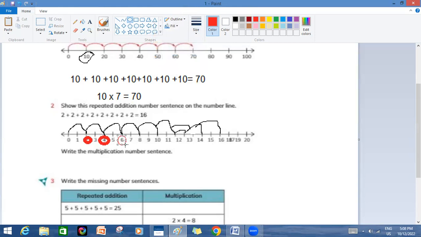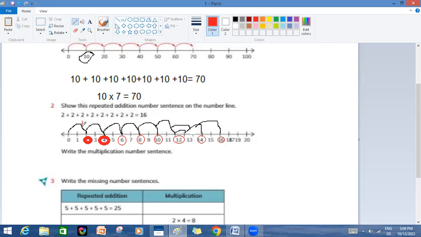It will be 6, 8. And when we jump again with the help of 2, adding 2, we got 12, 14, and we got 16. Okay. So each time what we are adding plus 2.